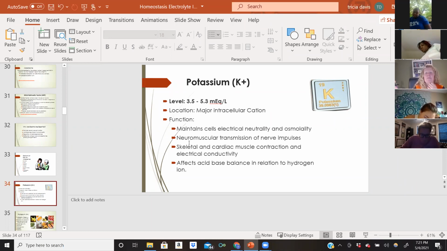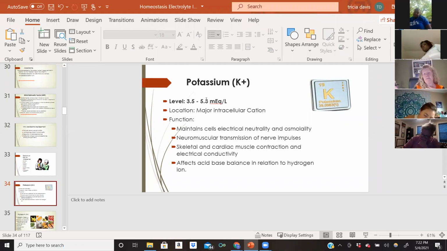It makes our skeletal and cardiac muscle contract, and it also has to do with the electrical conductivity in our skeletal and cardiac muscle. Potassium also affects our acid-base balance in relationship to hydrogen ions. So it's a very, very important electrolyte.